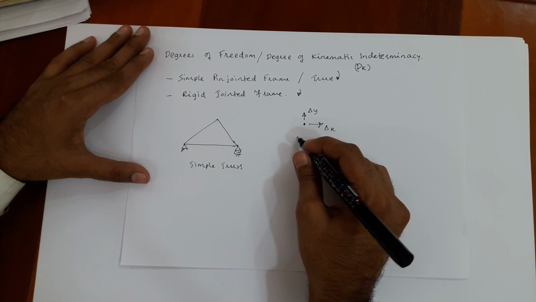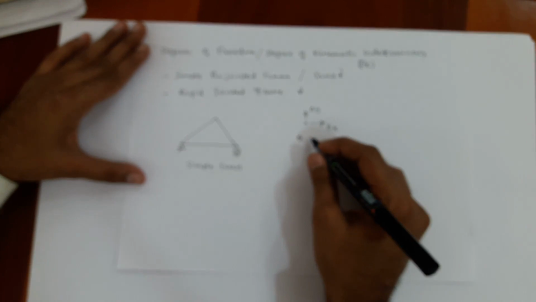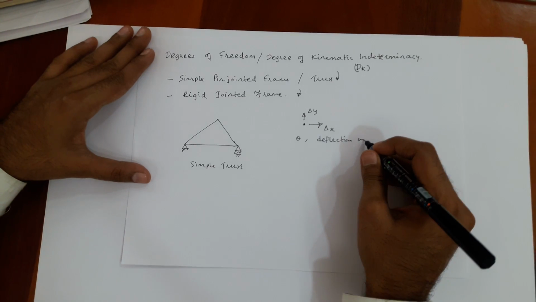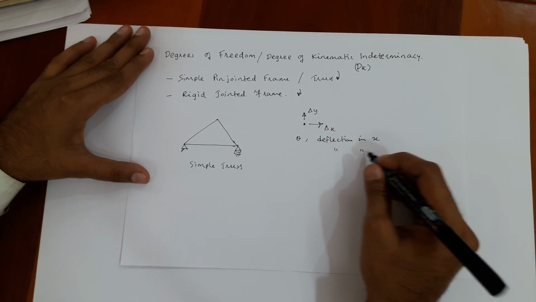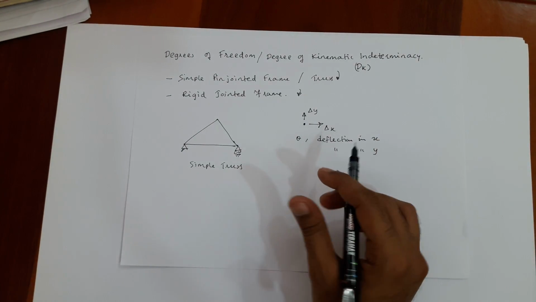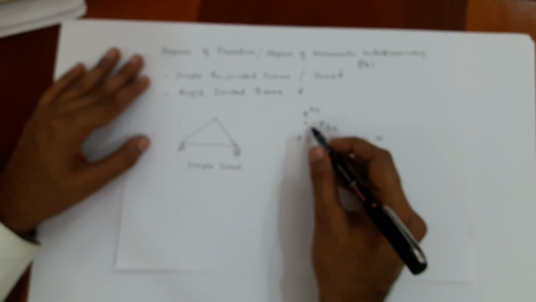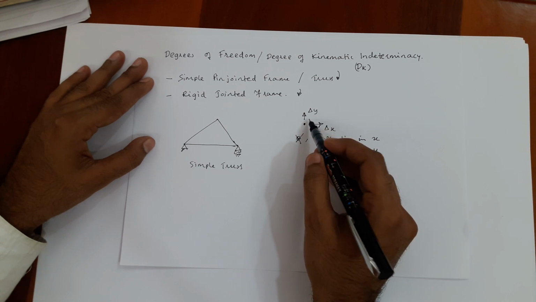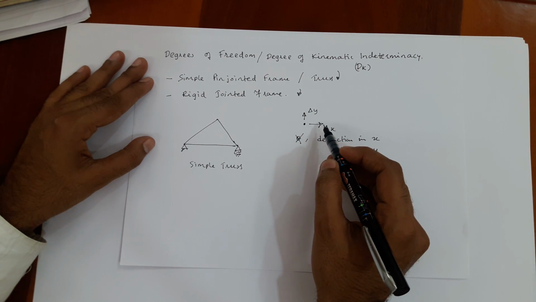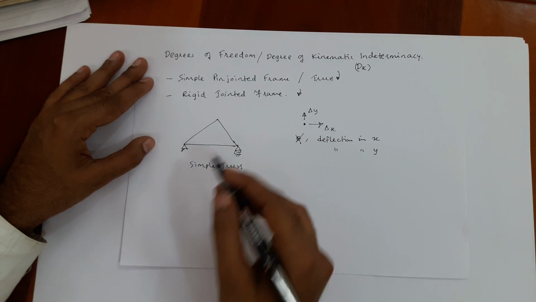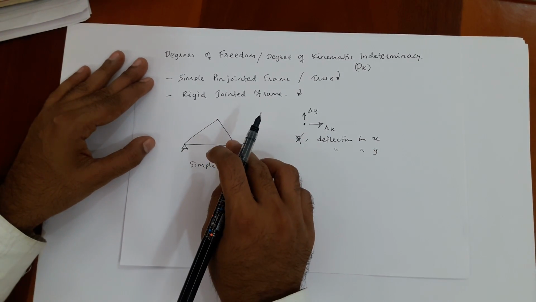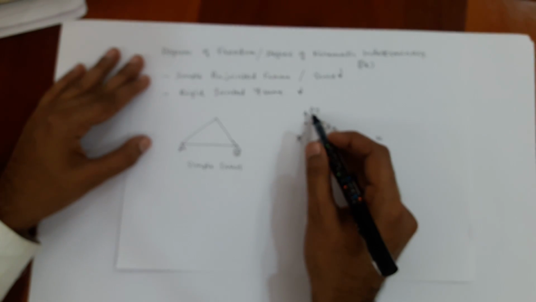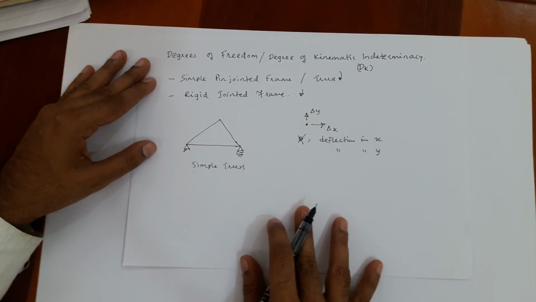We are not calculating rotation in a truss, we are only calculating the deflection in x direction and deflection in y direction. So theta is not a predominant factor here, so we are not calculating theta. Each joint of the truss has two independent displacement components, delta x and delta y. Okay, so we will see how to find dk.